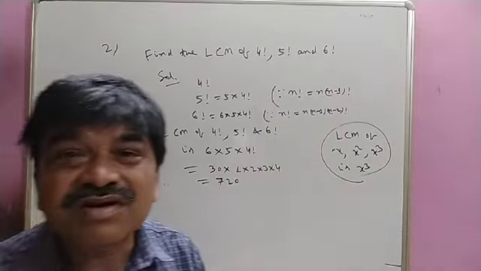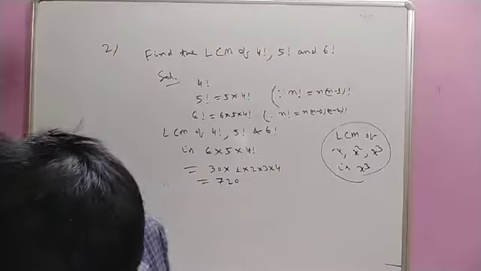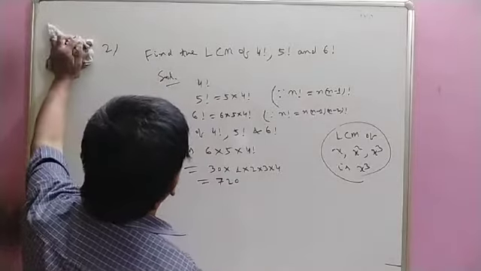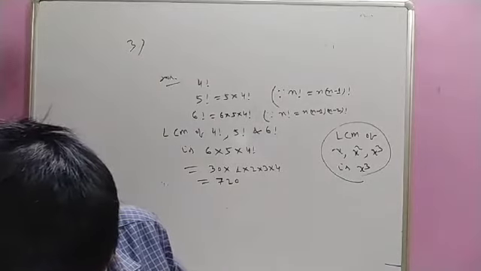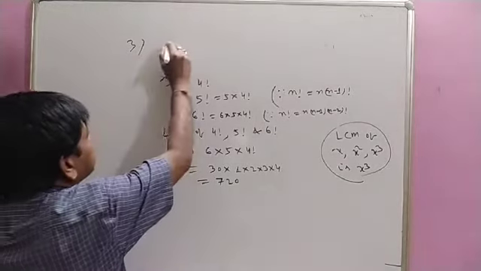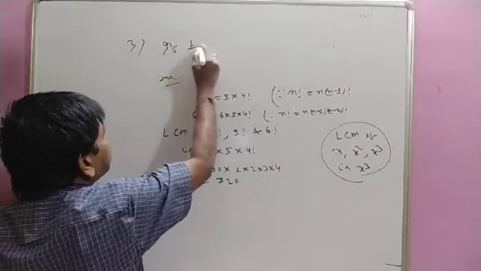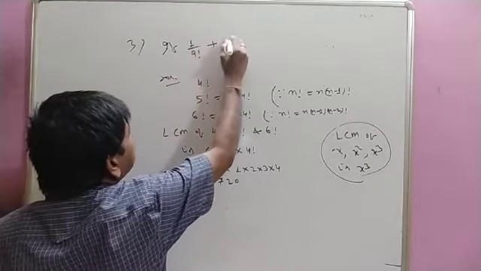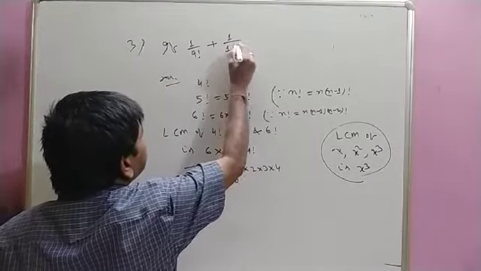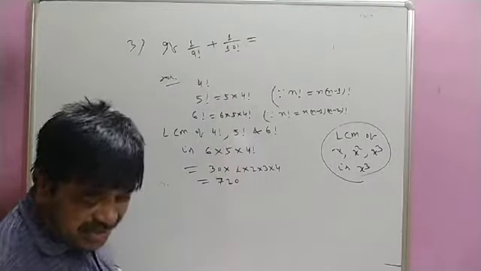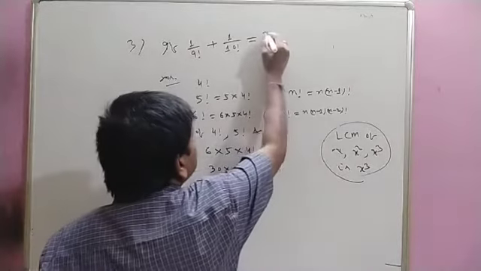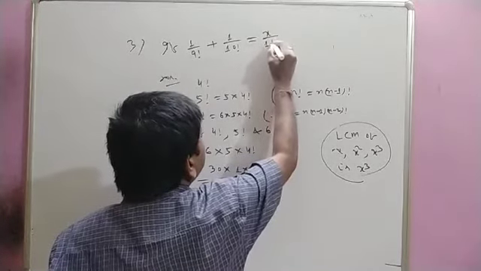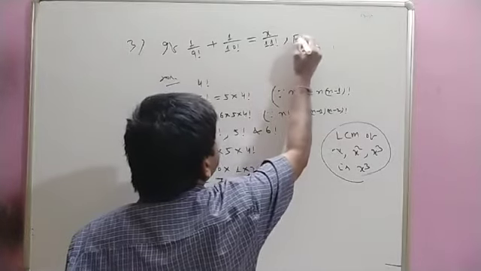So this is over. Then the next question, you write number 3. Question number 3: if 1 by 9 factorial plus 1 by 10 factorial is equal to x by 11 factorial, find x.